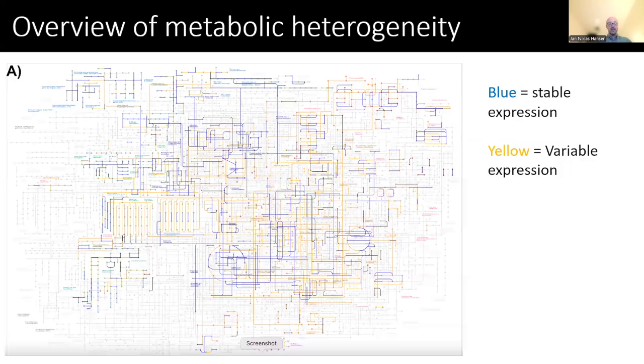So we can also express this in the classical map of all biochemical enzyme reactions. What you see here is stable enzyme and variable enzymes, or enzymes with variable expression. You can see that there's a really substantial portion of reactions in the cell that are driven by variable expression or that would underlie these variations.